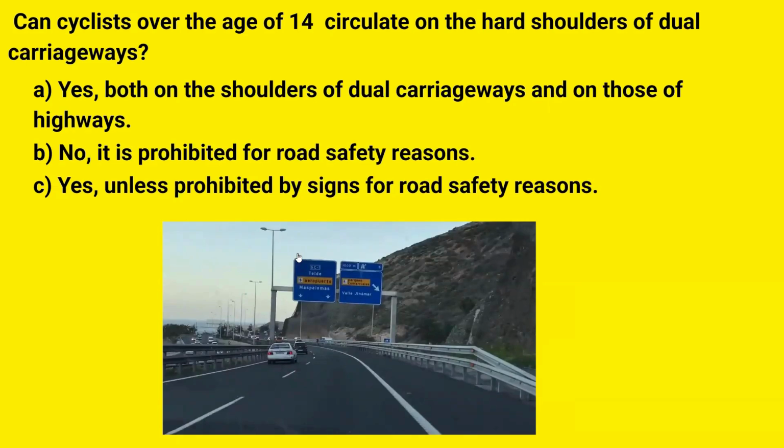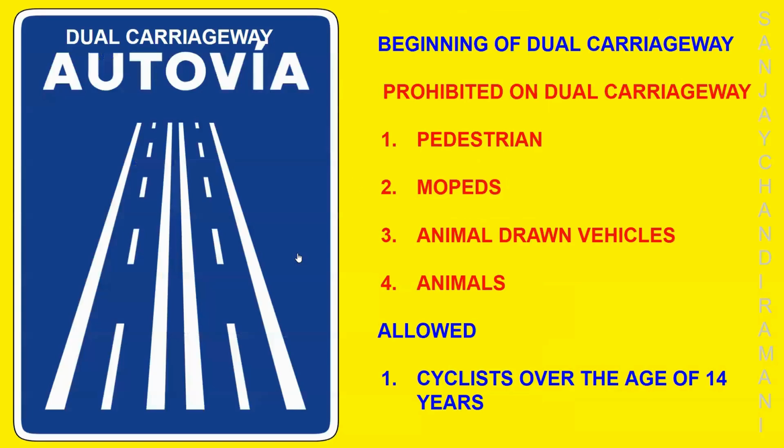Now there is a difference in the prohibition on highway and dual carriageway. This is one of the major differences between highway and dual carriageway: cyclists over the age of 14 are allowed to circulate on dual carriageways. Here you can see the prohibition is only for pedestrians, mopeds, animals, and animal drawn vehicles.